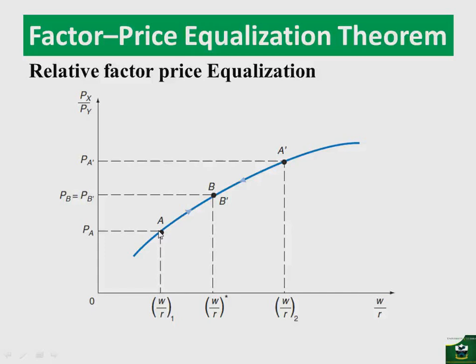When the nations are at point B prime, it means they have acquired gains and are able to trade freely, and the comparative advantage ends at that point. Okay, so we should note that trade acts as a substitute for international mobility of factors of production in its effect on factor prices.